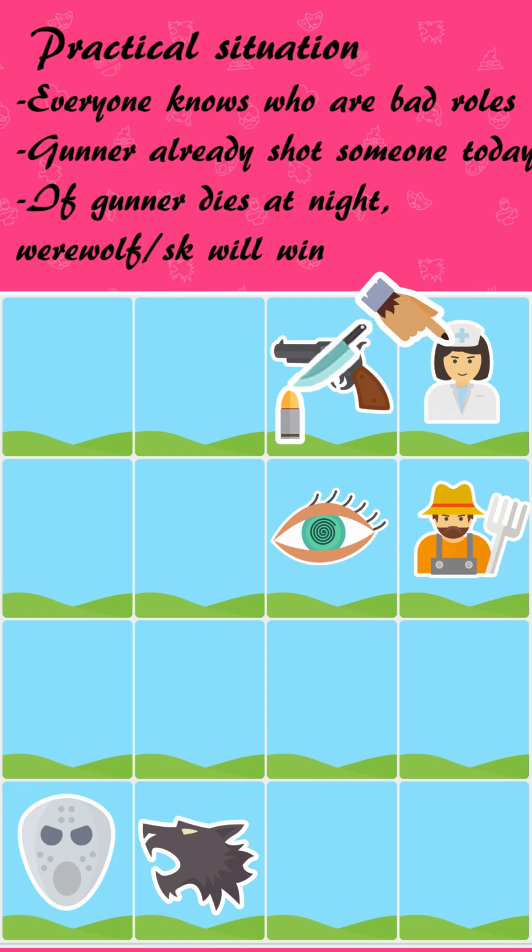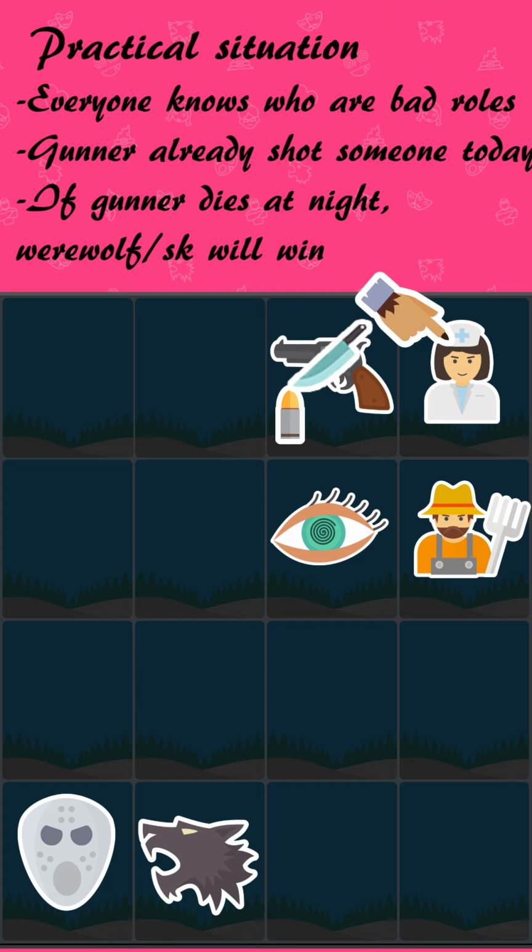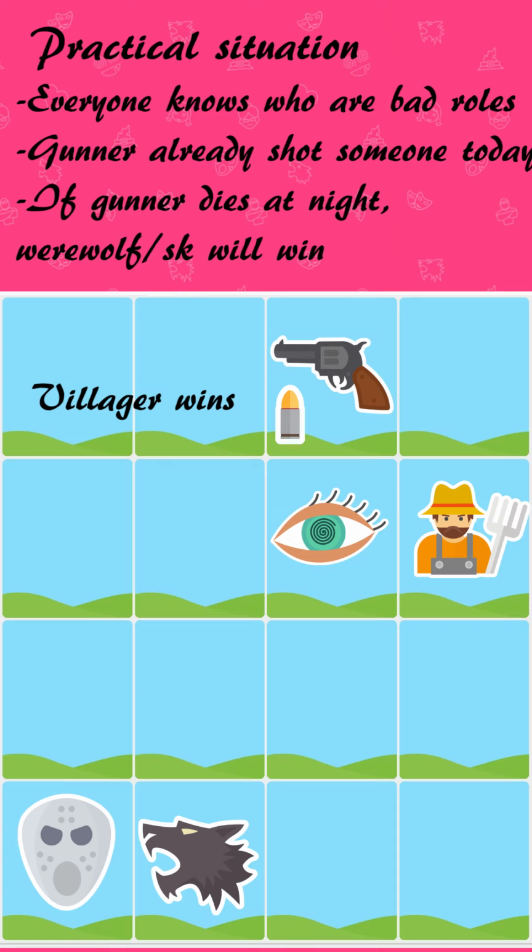As you can see, if serial killer attacks the gunner and werewolf attacks the doctor, gunner will survive and doctor will be successfully protecting the gunner, and then the next day gunner will be able to shoot serial killer or werewolf, and the villager will vote one of them out.